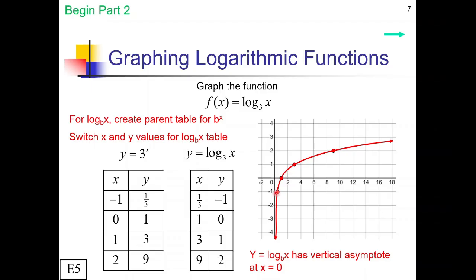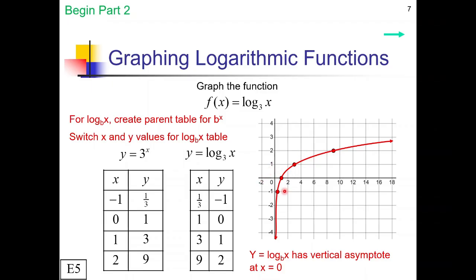Another way you can think about this is that the domain of these logarithmic functions is going to be all positive x values. The range is going to be all possible y values, all real numbers, but the domain is limited to positives.